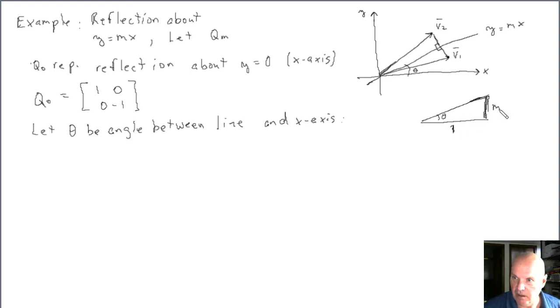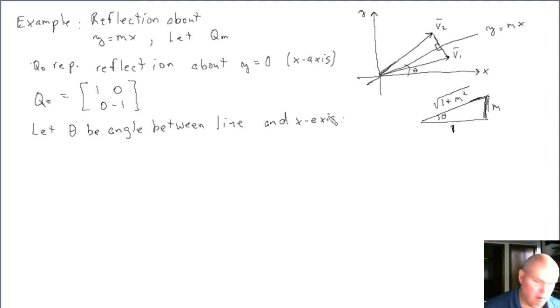So if I let this length be m, this length be 1, the corresponding hypotenuse here would be the square root of 1 plus m squared. So tangent of theta is equal to m, the slope of the line. This little triangle, though, makes it easy to also get cosine of theta, which would be 1 over square root of 1 plus m squared.